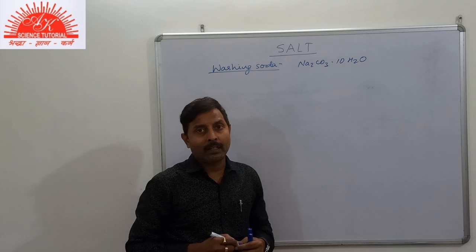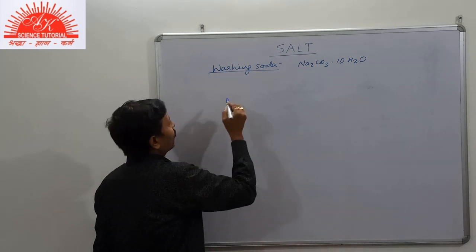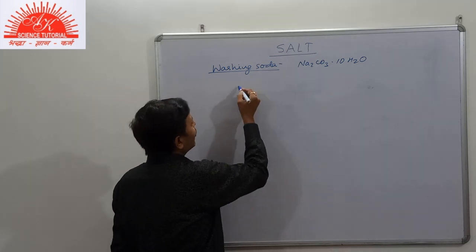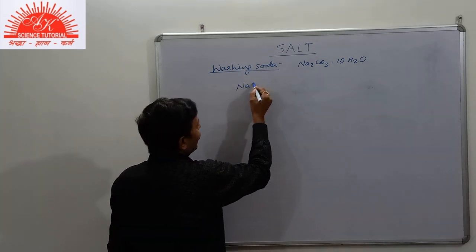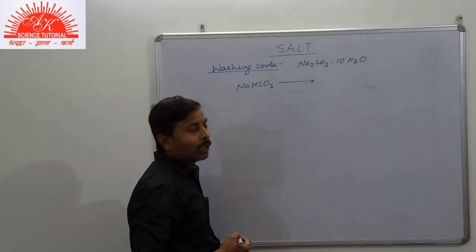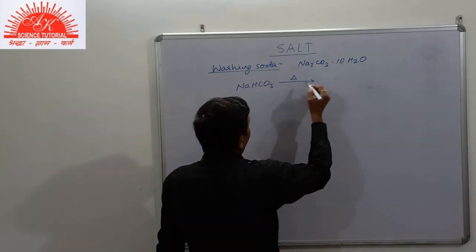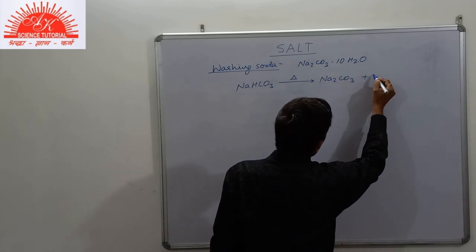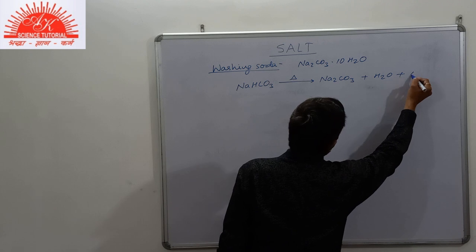Like you see, the solvay process is in continuity. NaHCO3, sodium bicarbonate, prepared in the solvay process, is then heated. It gives us Na2CO3 plus H2O plus CO2.